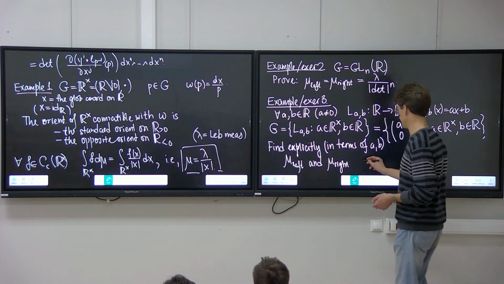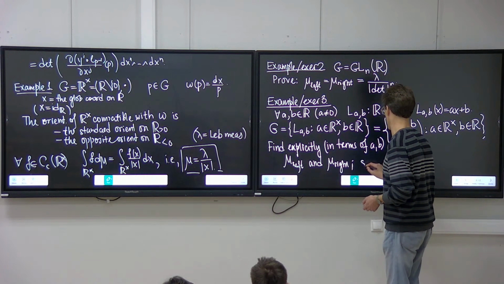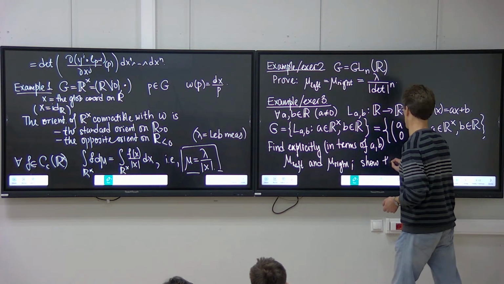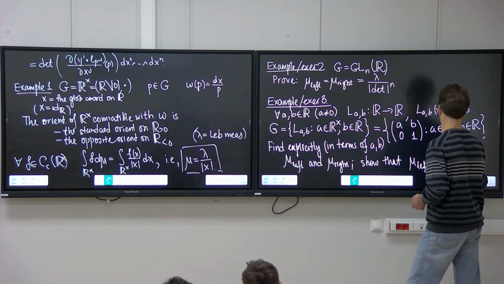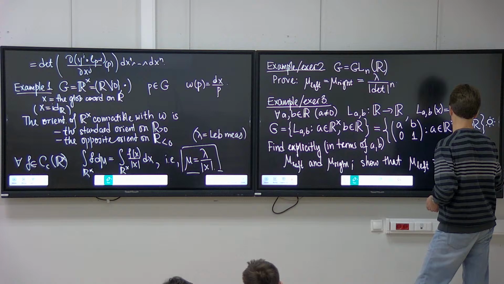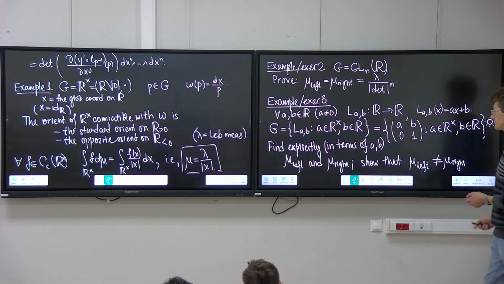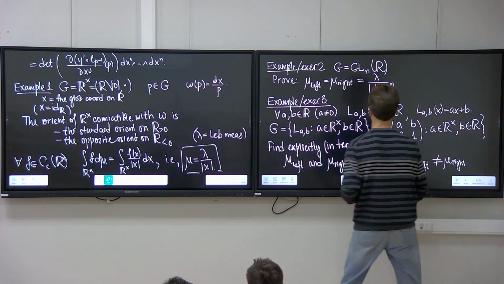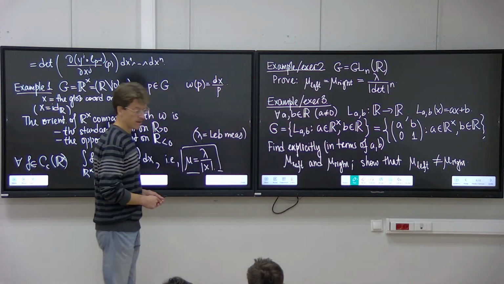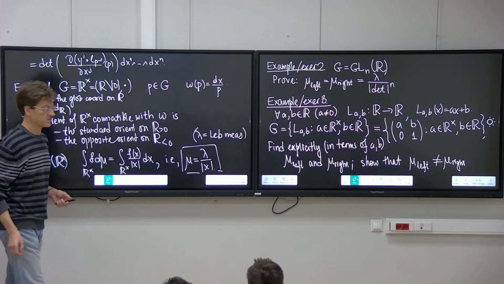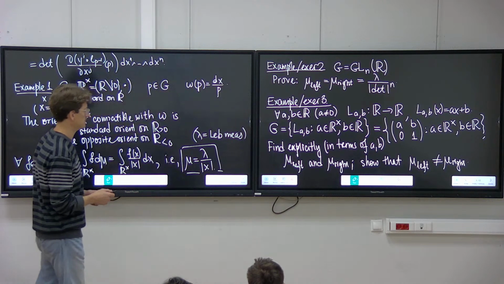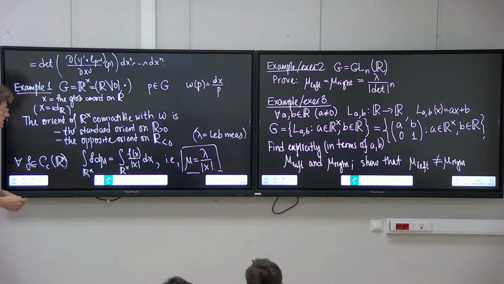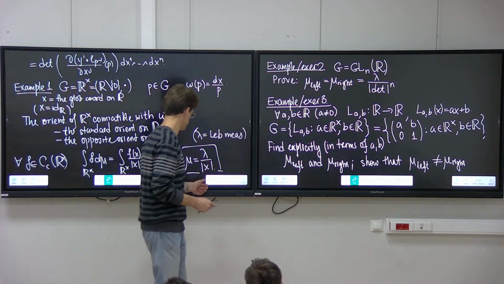They are not the same. Some more concrete examples of Haar measures on Lie groups will be given in our exercise sheets.